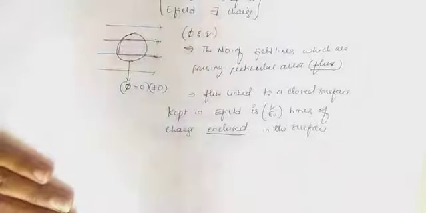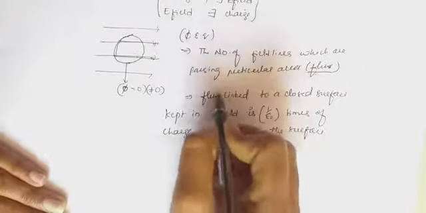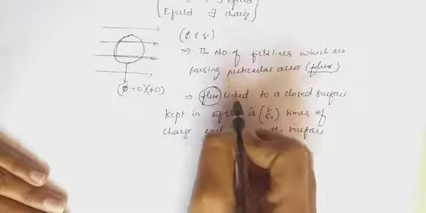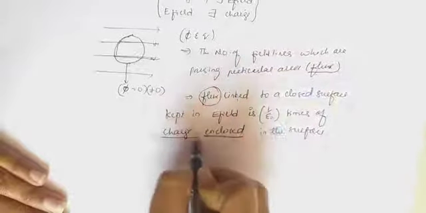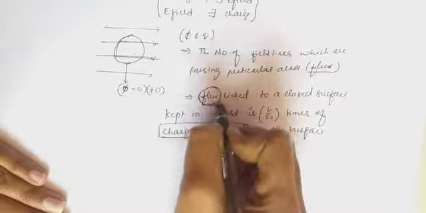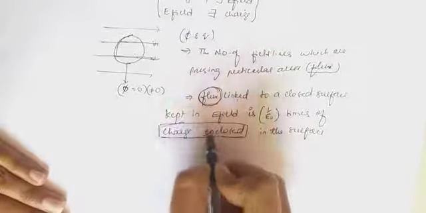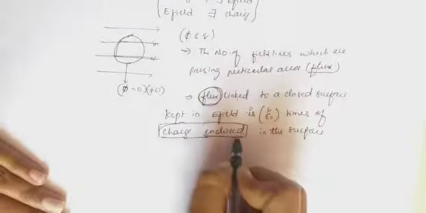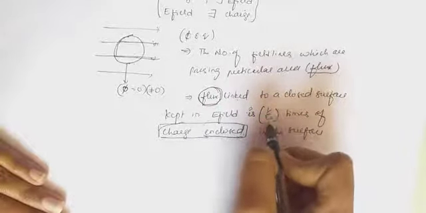The main thing is the flux linking with the enclosed charge. The flux links with charge, but that charge should be enclosed. So the relation is 1 by epsilon naught times.